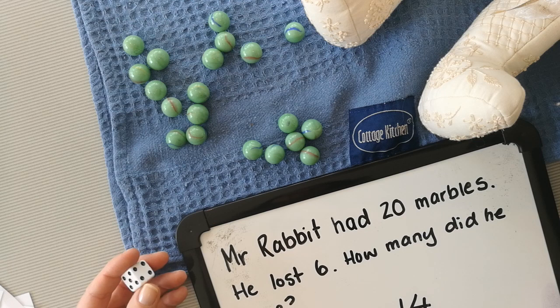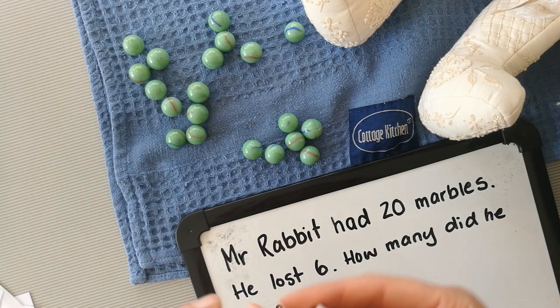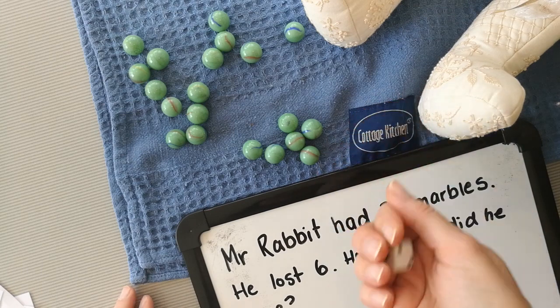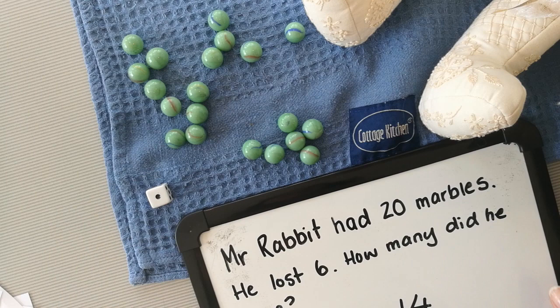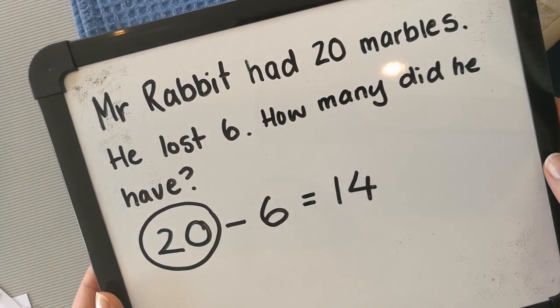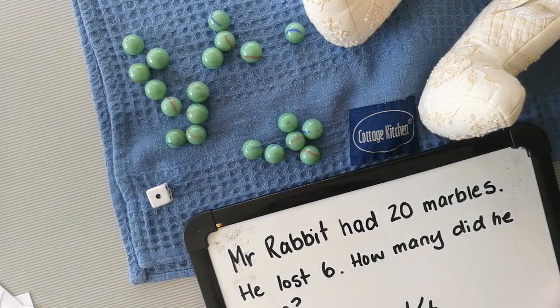See if you can grab a bunch and estimate and see how close you get. You might be getting better at this. So then you're going to grab 20, you're going to roll the dice, and it might be 1. So then you're going to take away 1. And then you're going to write a number sentence.